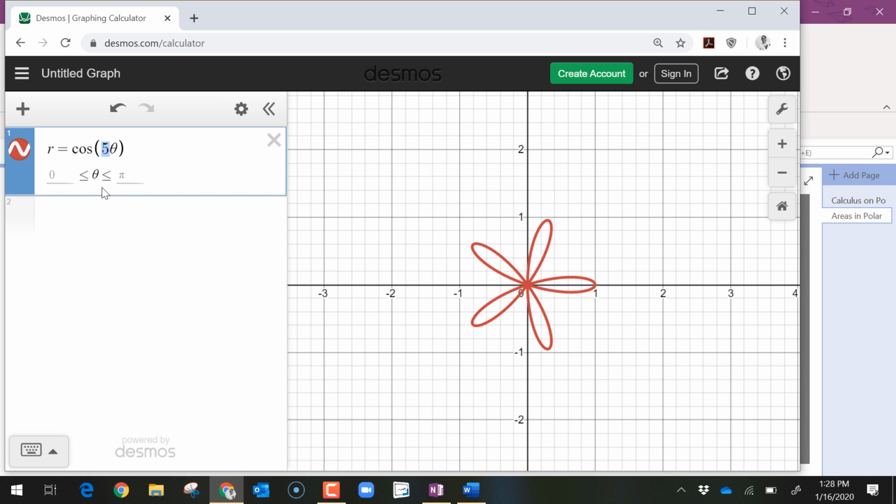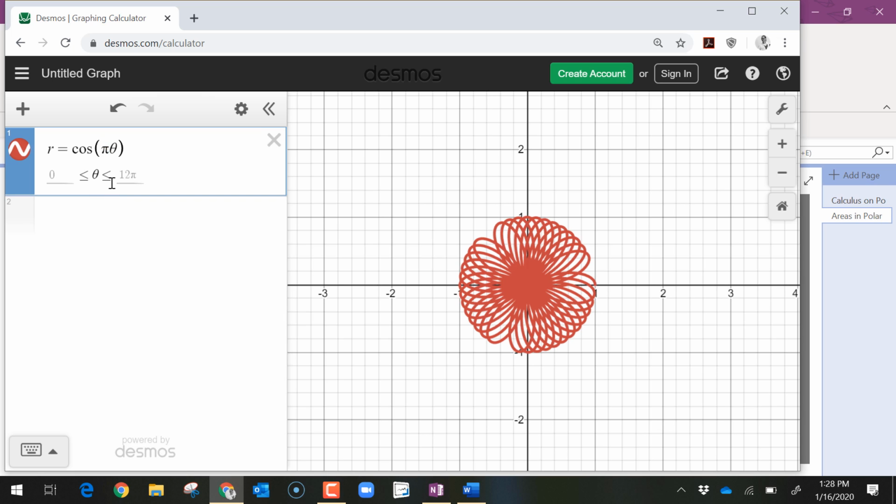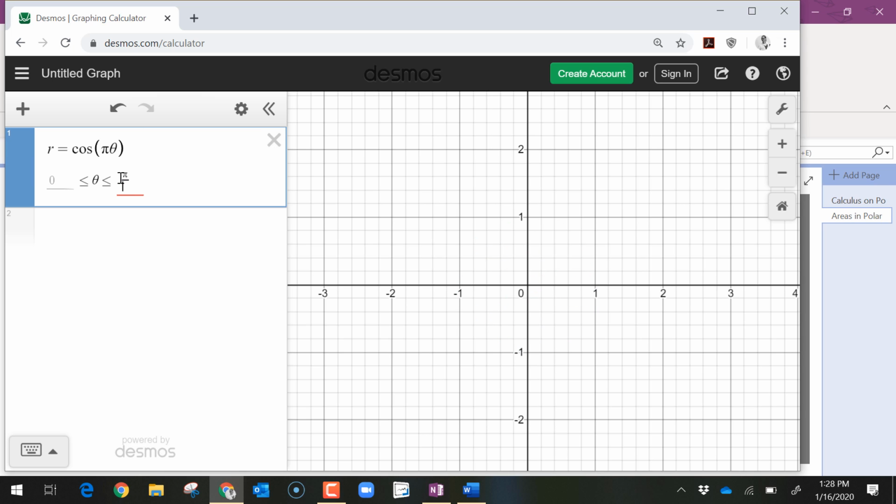Put a weird number here. Pi. Whoa. So actually, if we just go to 2 pi, or let's go to pi over 3, pi.